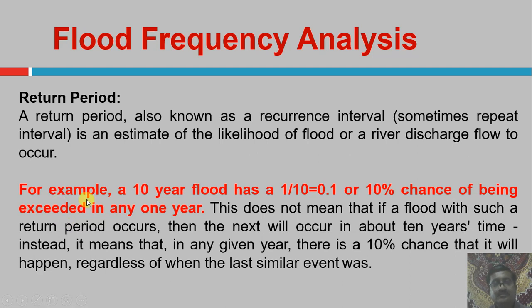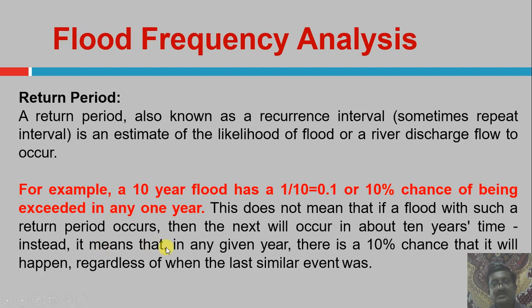For example, a 10-year flood has a 1 divided by 10, that is 0.1 or 10% chance of being exceeded in any 1 year. This does not mean that if a flood with such a return period occurs, the next will occur in about 10 years time.